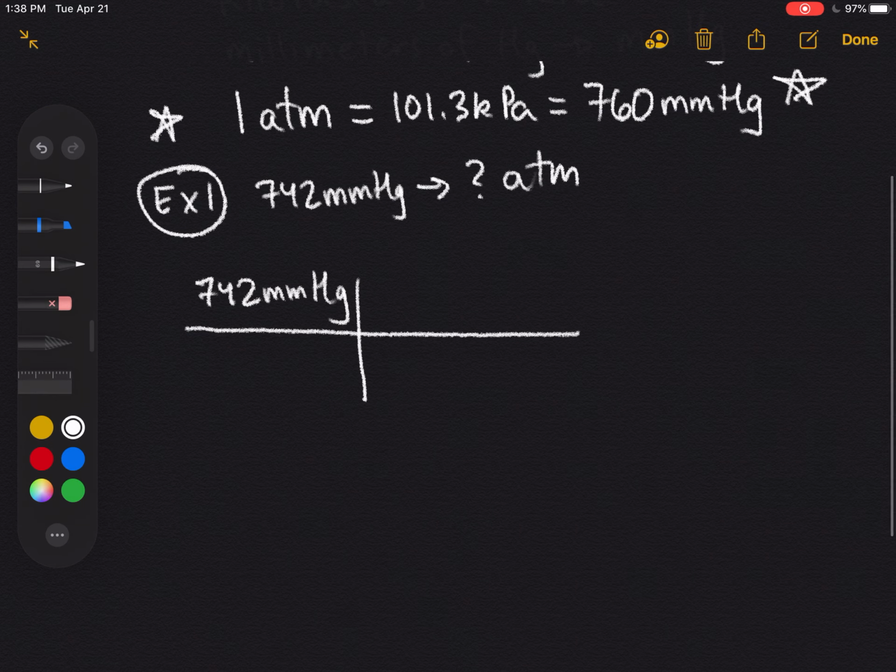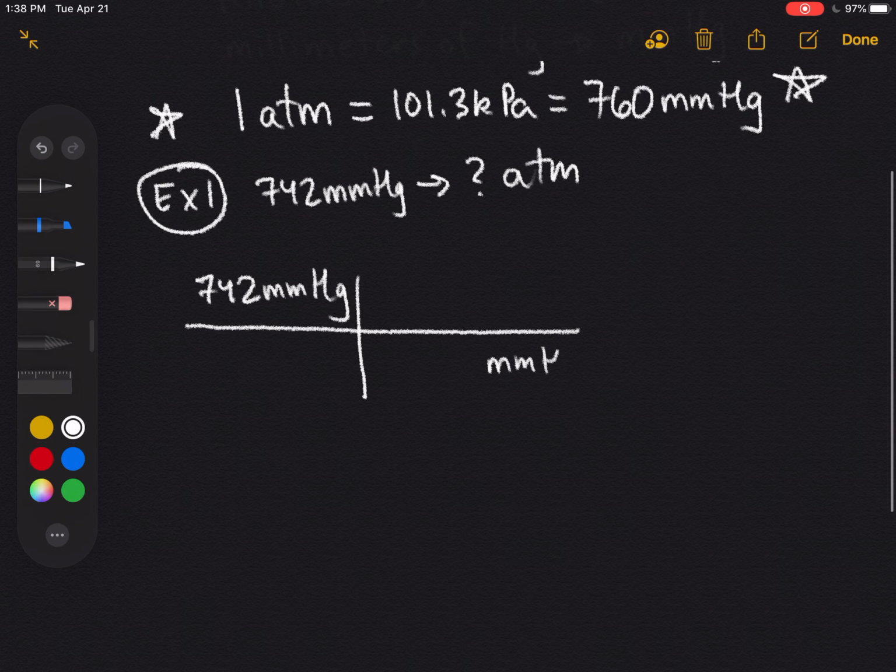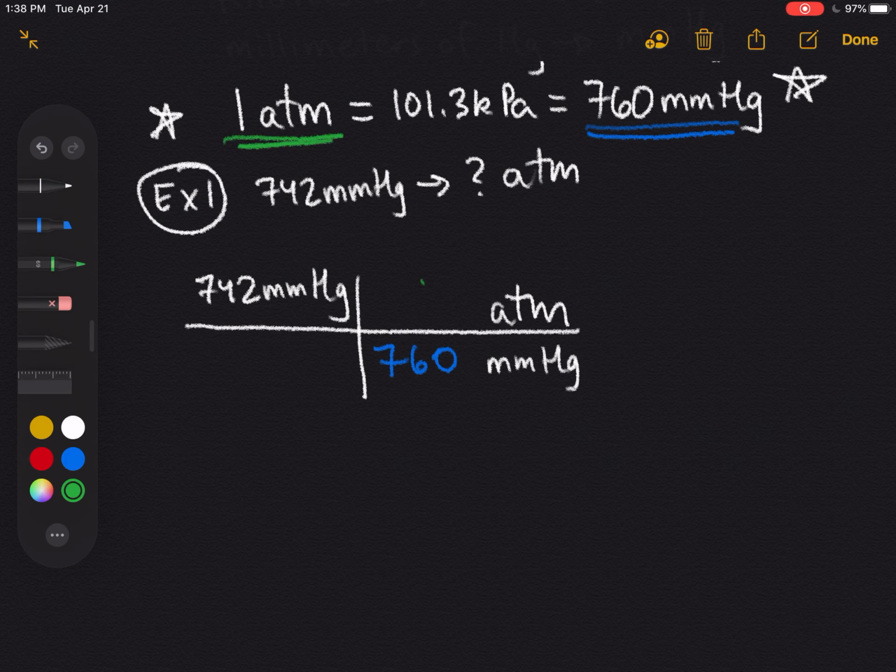I want to get rid of millimeters of mercury, and I want to go to atmospheres. Now here, I see that my millimeters of mercury, I'm going to write 760, and my atmospheres 1. So let's see if my math is right. My millimeters of mercury cancel out. I'm left with atmospheres.